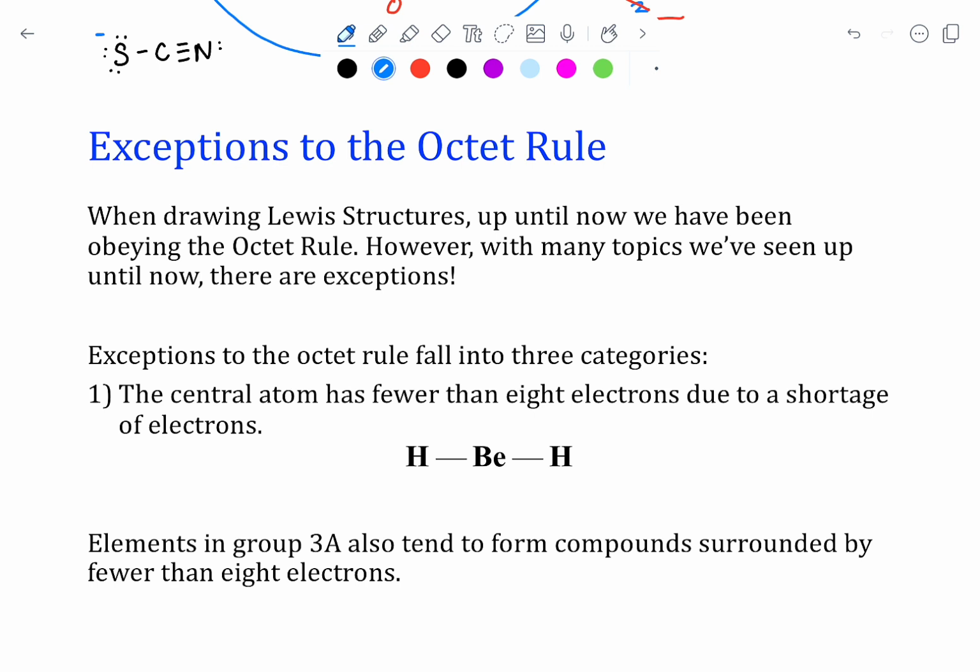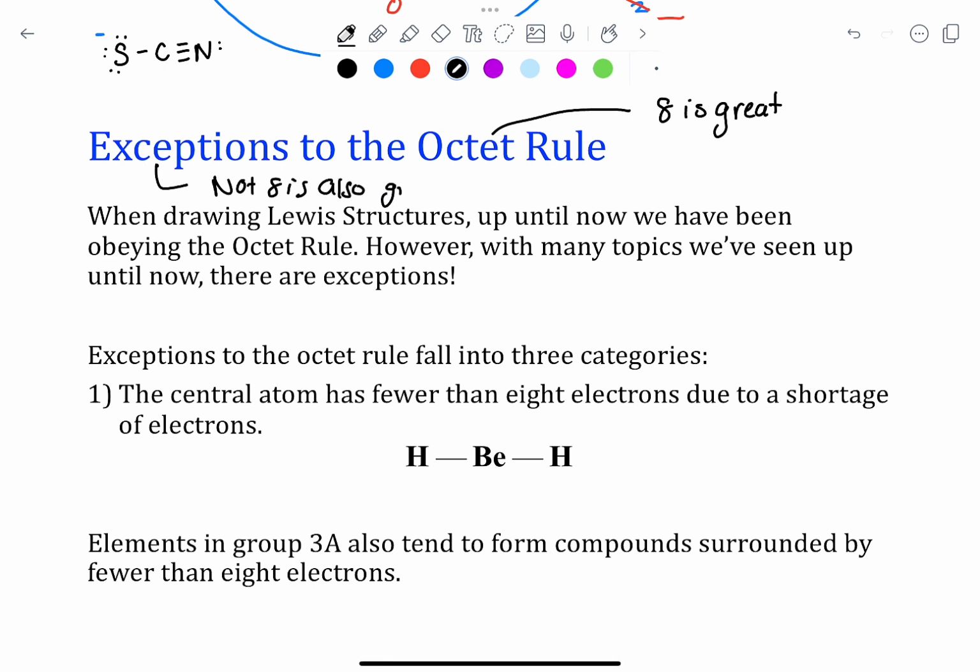So remember, our octet rule is everything wants 8. That's again, 8 is great. But with our exceptions, we're going to see that not 8 is also great. So sometimes we're going to have more or less than 8.